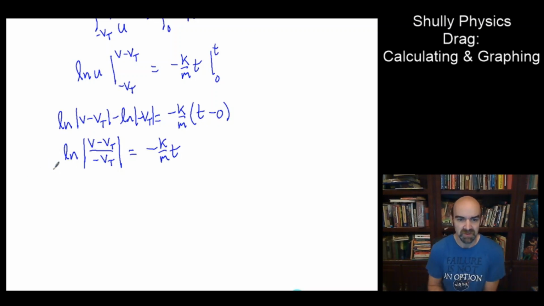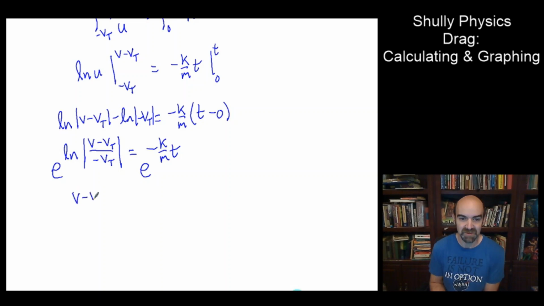So what we can do is raise e, the number e, to the natural log. Remember, those are inverses. Natural log is log base e. So if we raise e to the power of those two sides, that in essence cancels out that natural log. I know if you're a math person, I'm probably burning your ears right now.